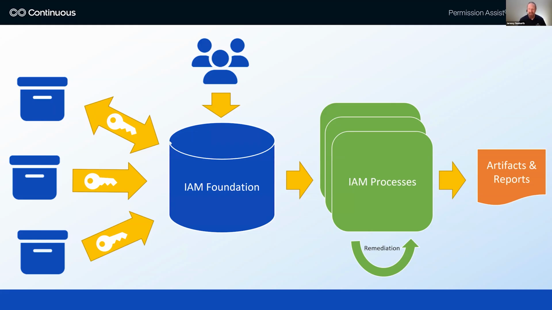Now, these next set of yellow arrows, I want to explain a little bit more than the rest of this diagram, because this is a key differentiator in the marketplace as far as how we approach being able to do various different IAM processes. We believe for Permission Assist, the best place to get user and permission data is from the third-party applications themselves.